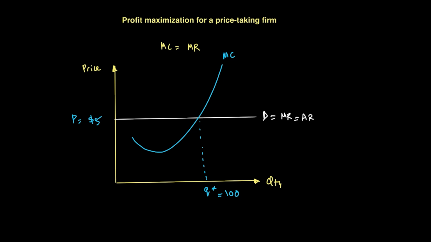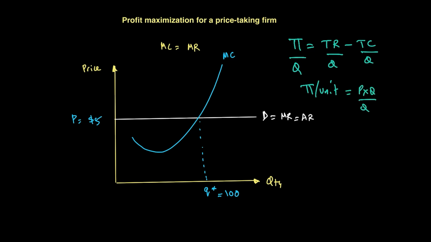Profit is equal to total revenue minus total cost, and if I divide both sides by quantity, I get profit per unit equal to price times quantity over quantity, since total revenue is equal to price times quantity, minus TC over Q, which is ATC. In other words, profit per unit is price minus ATC.